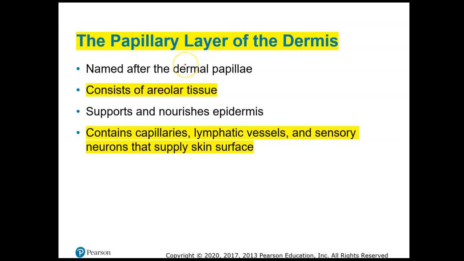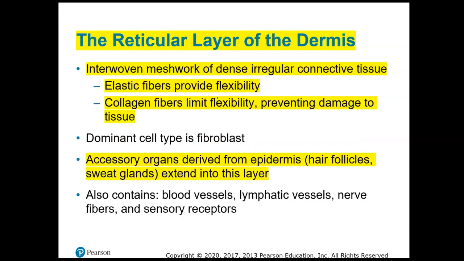All right, so the notes on the papillary layer of the dermis, make sure you know that it's composed of areolar tissue, which is a loose connective tissue. It does contain blood capillaries, lymphatic vessels, and sensory neurons. The reticular layer is composed of dense, irregular connective tissue.